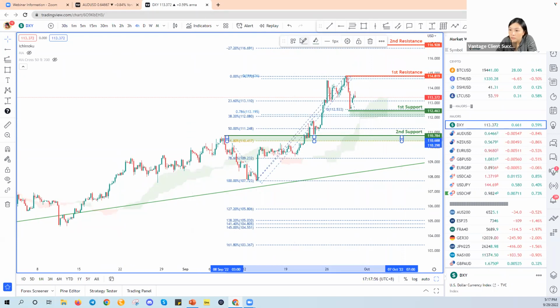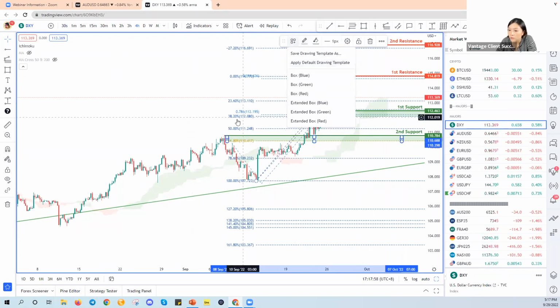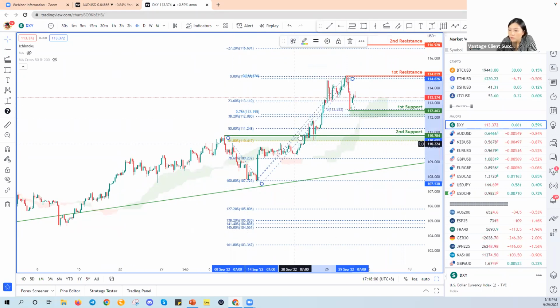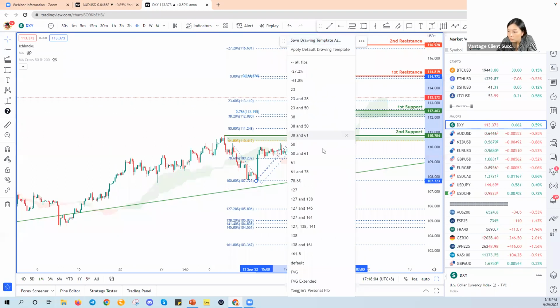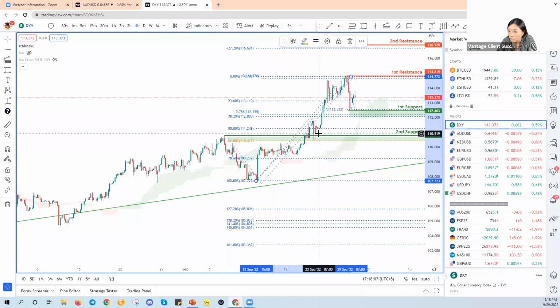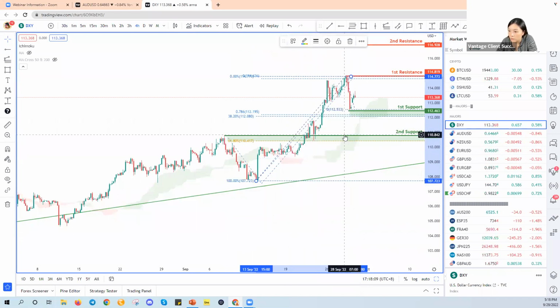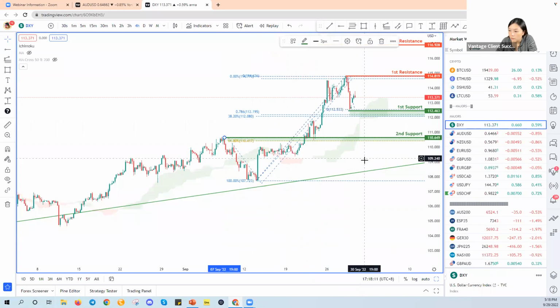So 61.8 and 38.2. Yep, these two levels here are where I'll be looking if price comes down and breaks my first support. I'll be looking at it touching my second support, testing at this level here.